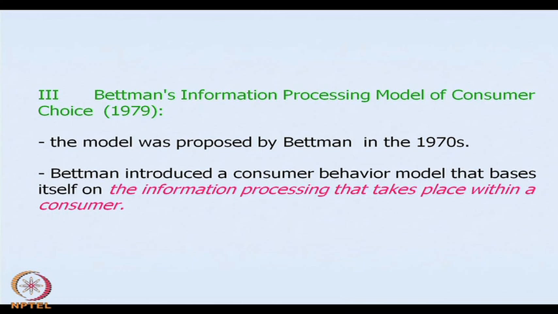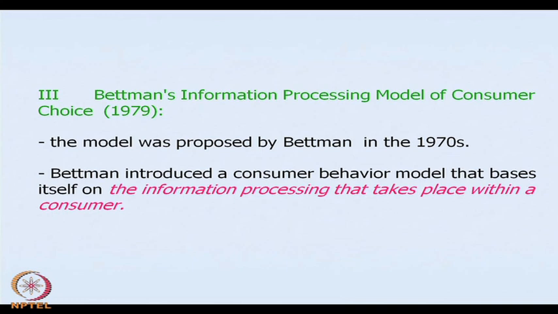So there is already a database, a storehouse of memory within him, which is the internal source. Whatever information he gathers from external sources gets added into this internal source of information.